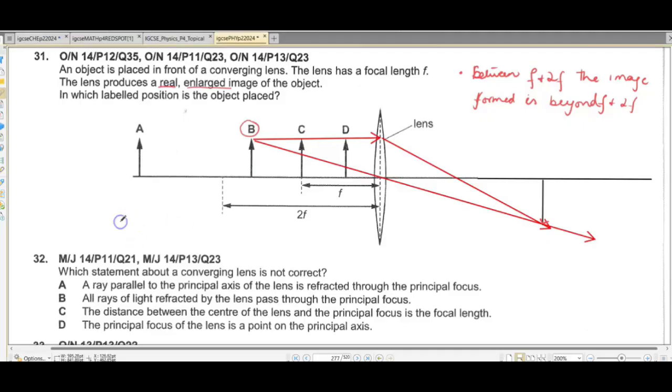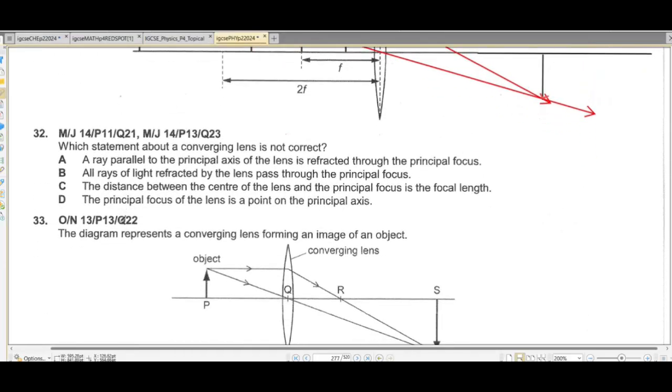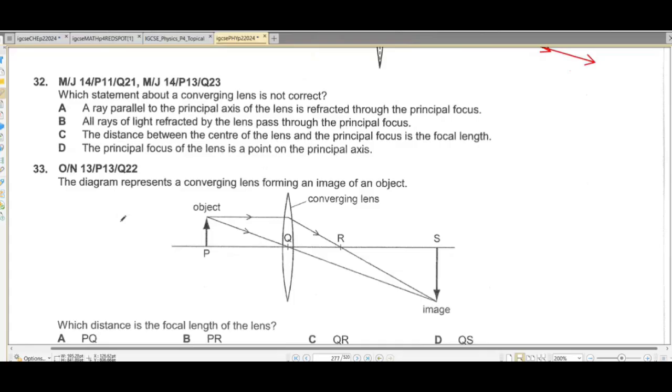Question number 32. Which statement about a converging lens is not correct? Okay, A: a ray parallel to the principal axis of the lens is refracted through the principal focus. So this seems to be correct. Obviously, we've seen it many times in the ray diagram. B states that all rays of light refracted by the lens pass through the principal focus. No, this is not correct.